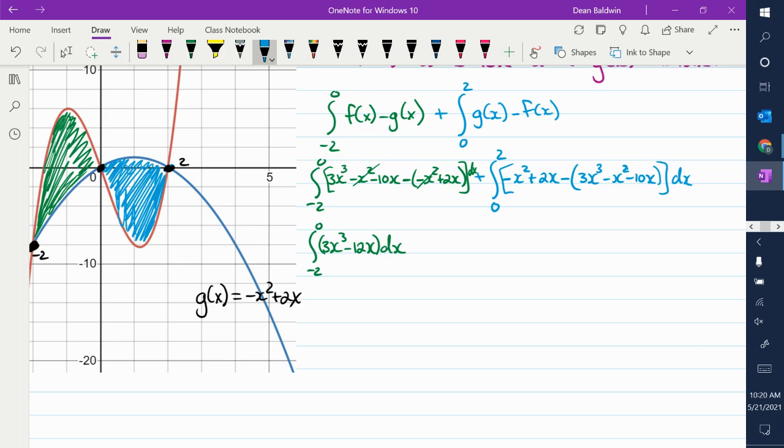Plus, do the same thing. There's going to be a -3x cubed because that's not going to go away. -x squared minus -x squared, so plus x squared, the x squareds go away again. 2x minus -10x, so 2x plus 10x is 12x.